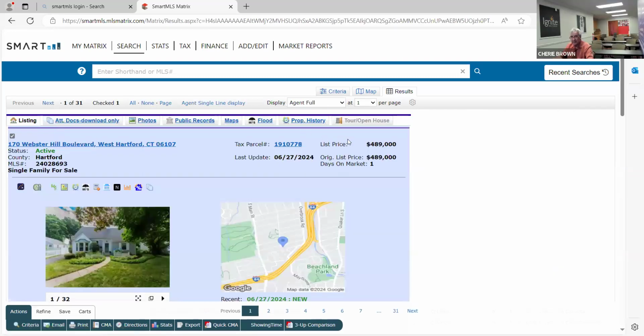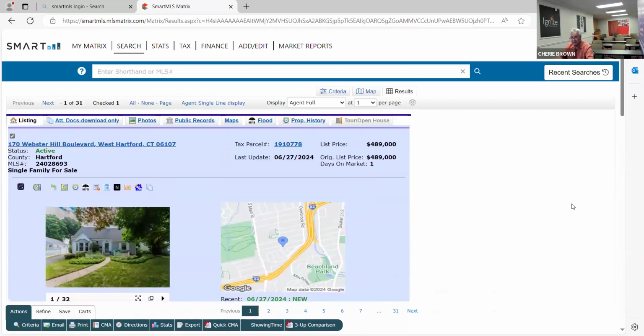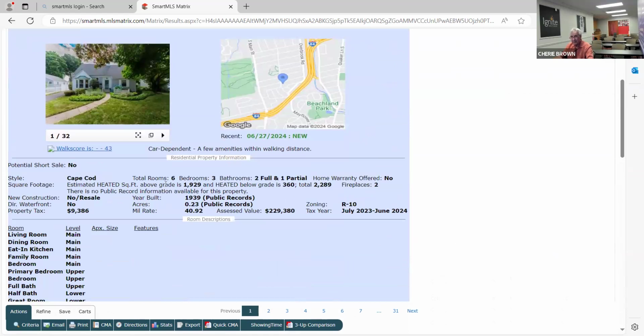So if we look at Webster Hill Boulevard, we have a Cape Cod here versus a Colonial. Above grade, it's a little bit larger than our subject property, 1,929 square feet, which is pretty darn close to 1,884.